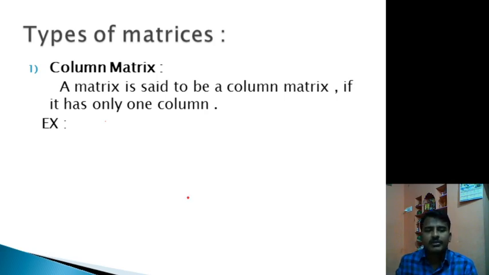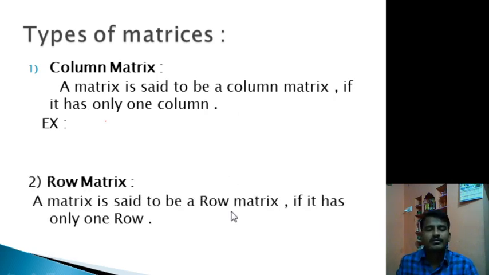The second type, row matrix. A matrix is said to be a row matrix if it has only one row. Remember one thing: a column matrix will have only one column. Now a row matrix means a matrix will contain only one row.